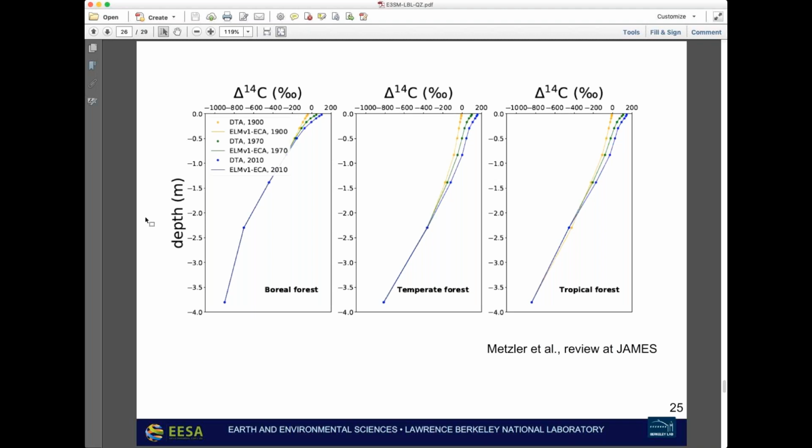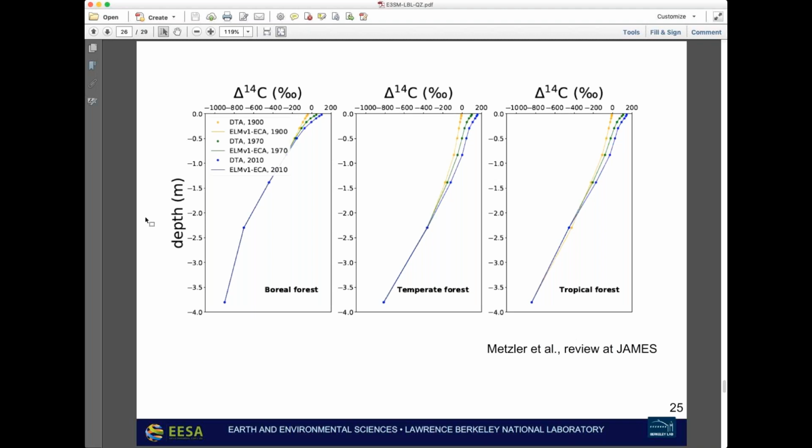Different lines represent different times, before, during, and after the bomb spike. So we can clearly see the shift of the delta 14C signal from a negative number to a positive and also larger number, because of the bomb spike. The dots are the reconstruction, and the lines are the model simulation.